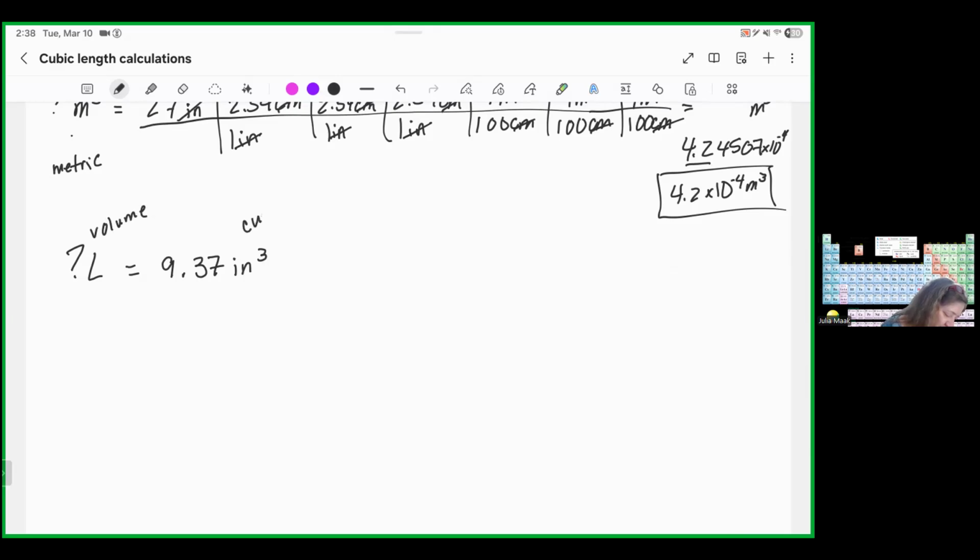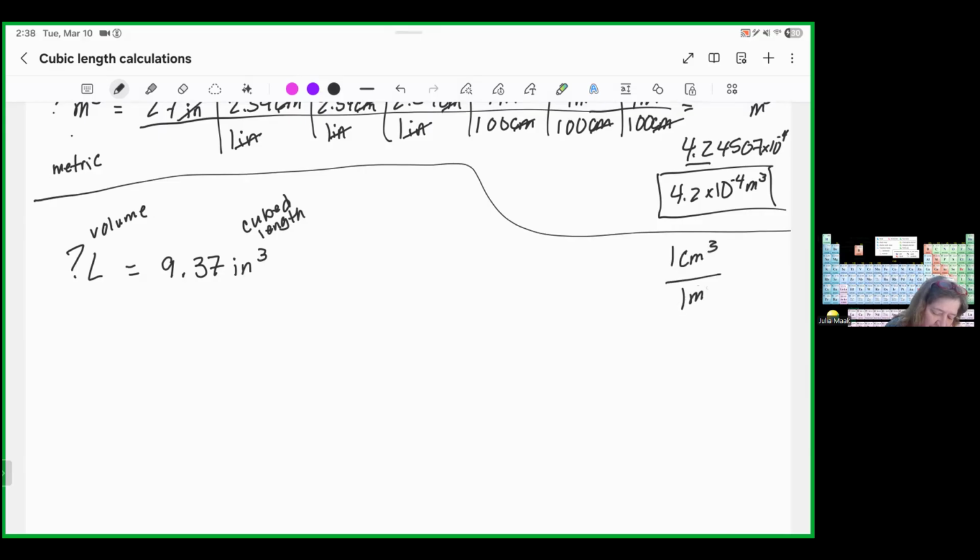to a cubed length. Okay, so your relationship between volume and cubed length is always 1 cubic centimeter is 1 milliliter. And the reason for that is, let's pretend those are a centimeter long. If I square my centimeter, I get that.